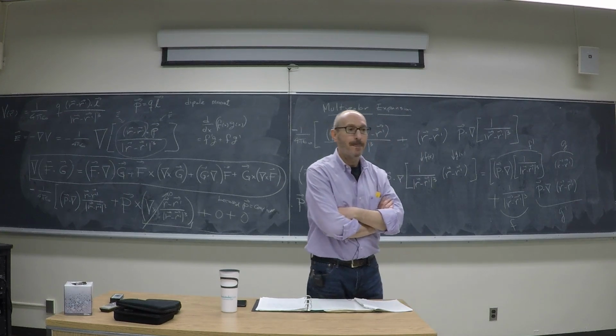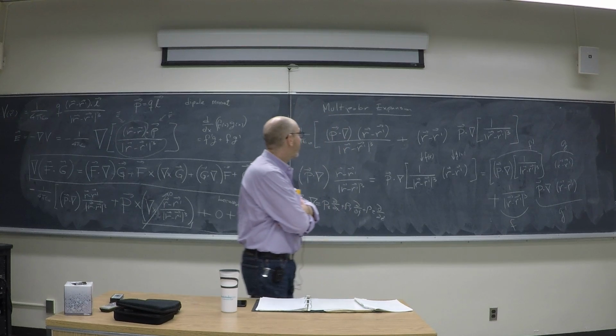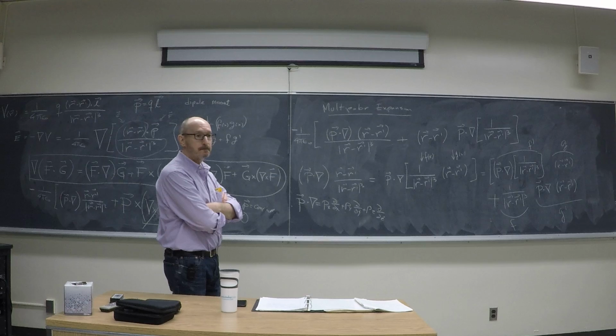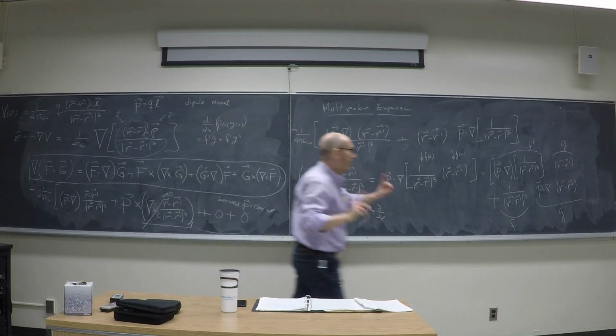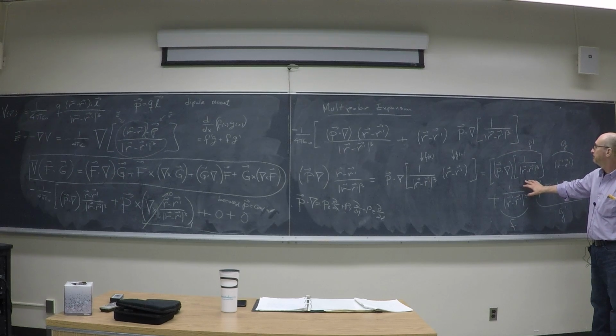Yep. Okay, and then when you originally wrote it on top of the board, p dot del r minus r prime over |r minus r prime| cubed, how do you know which ones are supposed to be in front of the del and which are supposed to be behind the del when you wrote the original fraction on top?